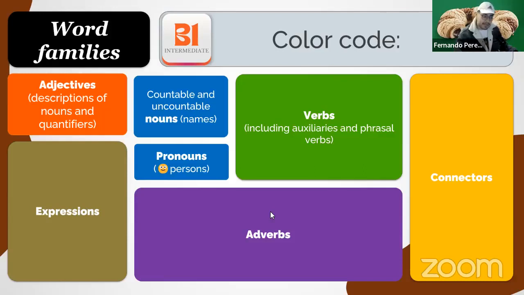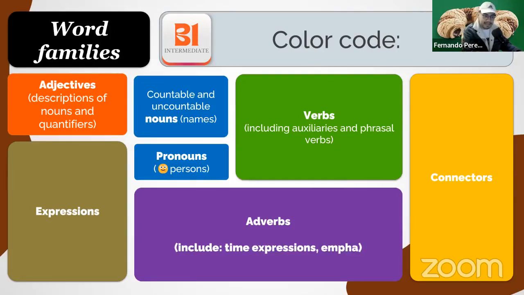And adverbs are the interesting part because adverbs contain a lot of words. Adverbs include time expressions, but also we are going to include emphasizers that we are going to see in this moment. Don't worry.